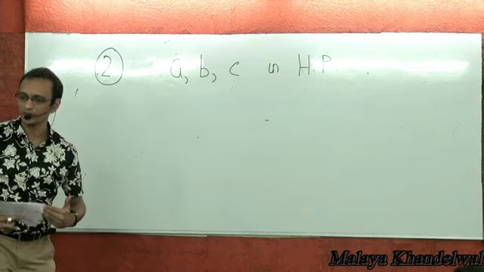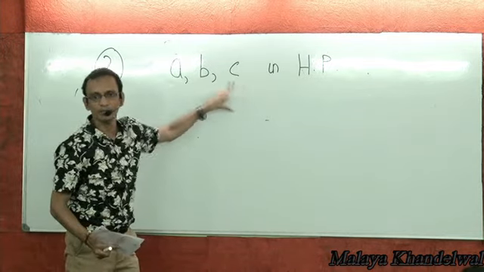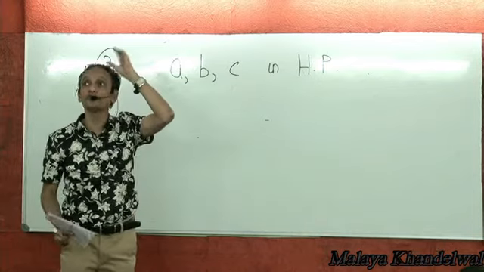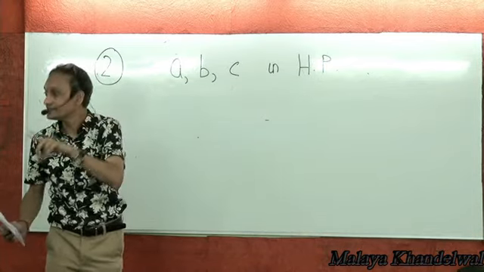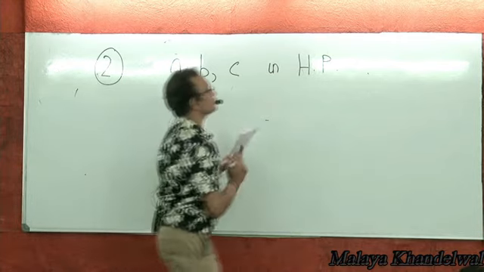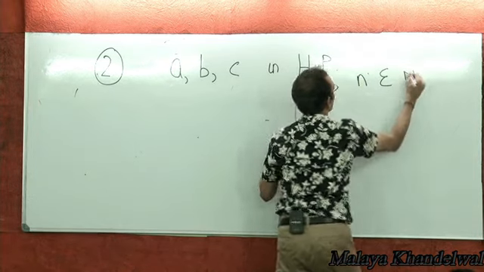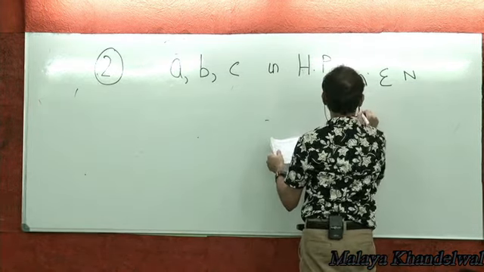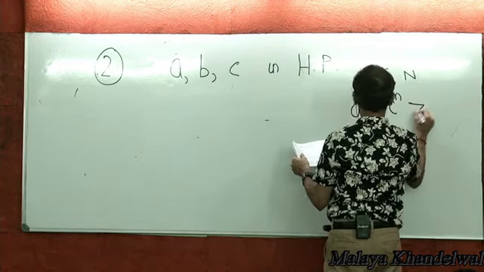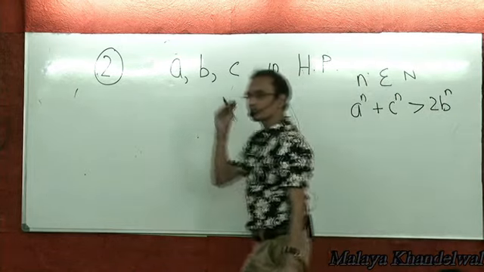Right, their reciprocals will be in AP, and B would be the harmonic mean of A and C, that means B would be 2 divided by 1 by A plus 1 by C, right? We want to show that if n is any natural number, A to power n plus C to power n is greater than 2 B to the power n, right? That is what we want to show.